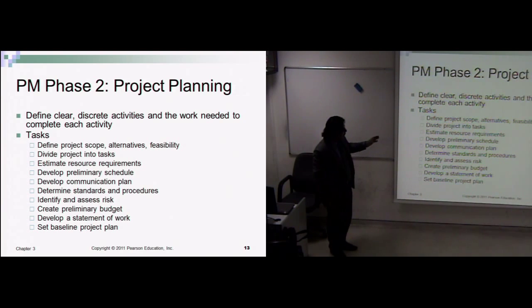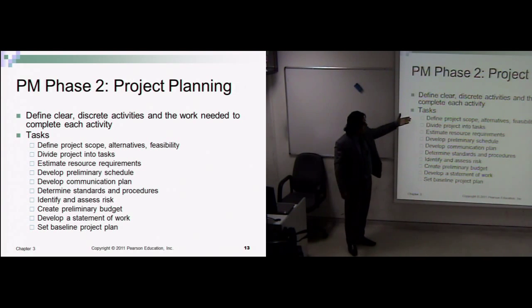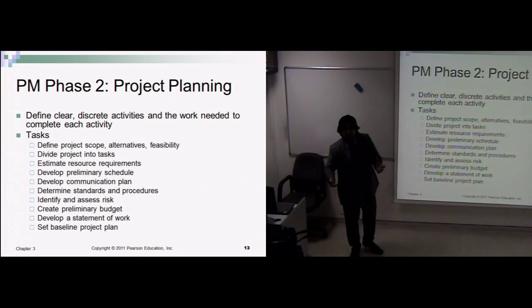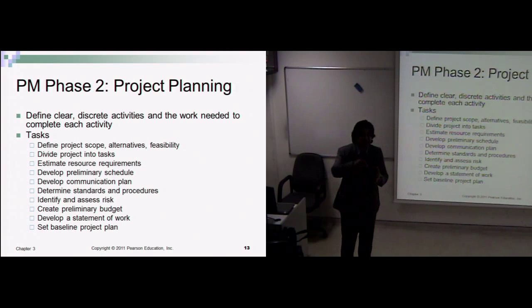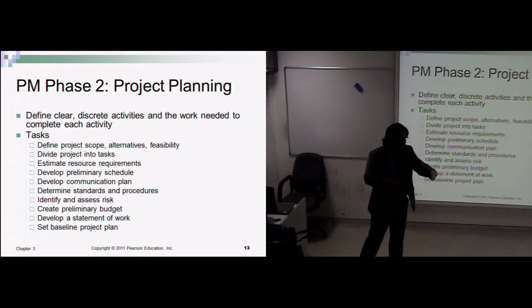So what he has to do is define the project scope, as we said earlier, that this activity is also involved in the project initiation. But here we have to define the project scope in more detail. Alternatives. Alternative means if something cannot be done one way, then the other way, whether it can be done or not.